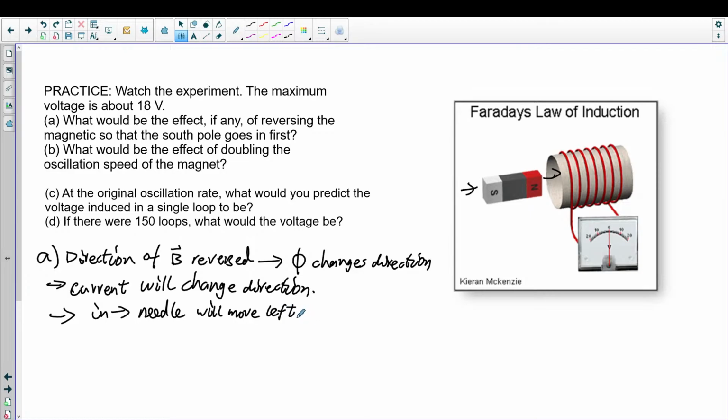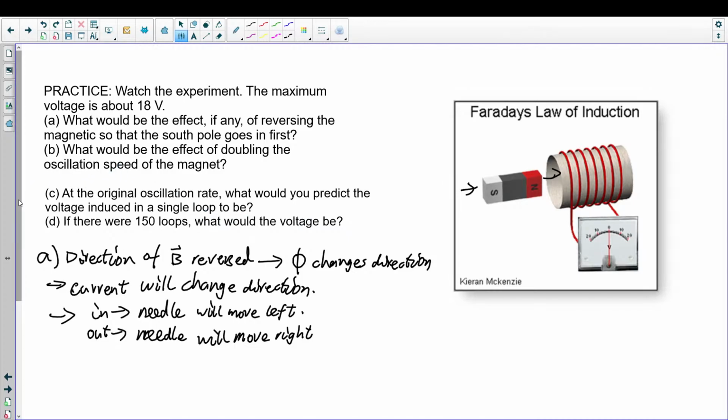And then out will cause the needle to move right. So it's reversed. The direction of the current is reversed. So it's opposite of what you see in the animation earlier. That's what the negative sign means for now. Why? We'll talk about that when we talk about Lenz's law.